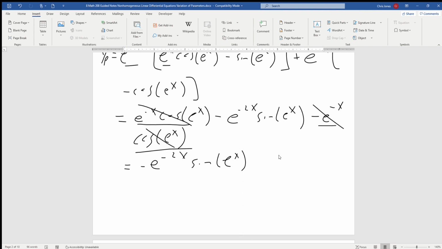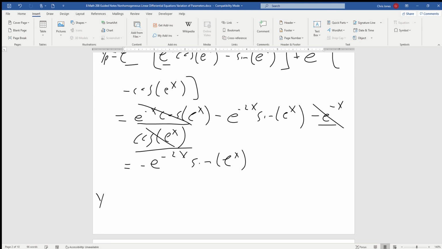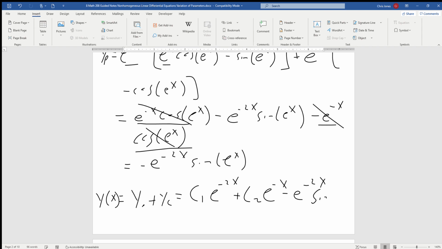And so mercifully, we can get to our solution, y of x, which is equal to y of p plus y of c. Remember, we had c1 e to the minus 2x plus c2 e to the minus x, and then we have this minus e to the minus 2x sine e to the x.